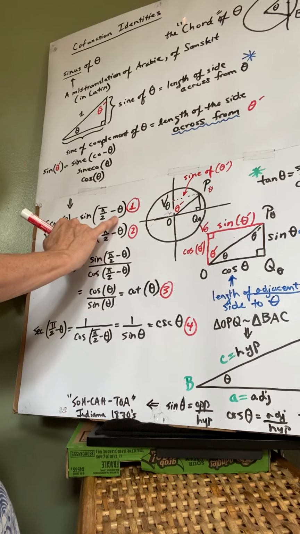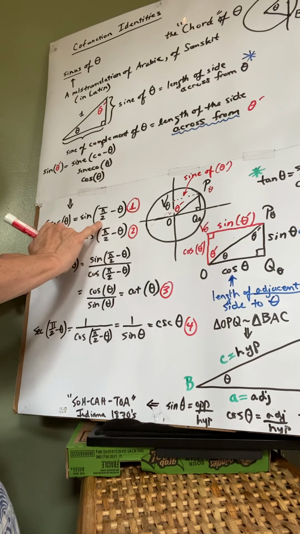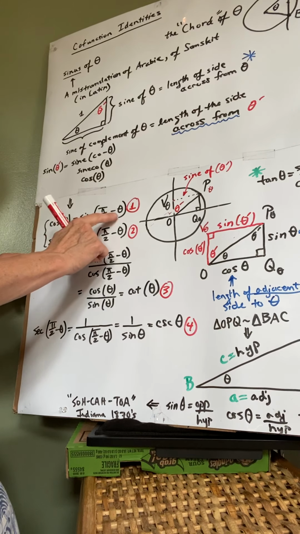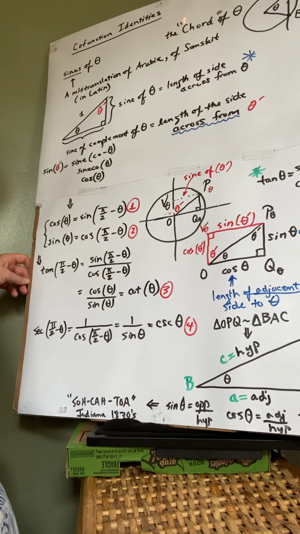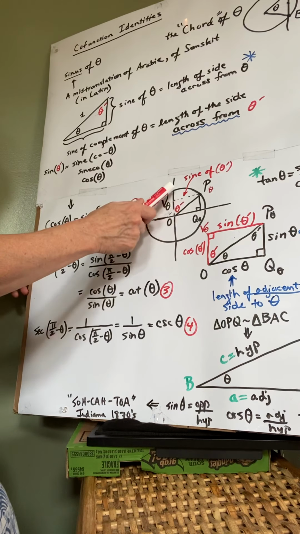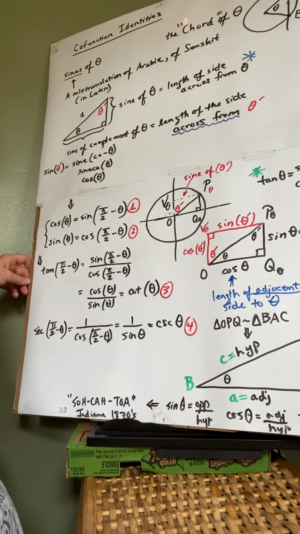How do you say the complement of an acute angle when you are talking radians? It's the sine of pi over 2 minus theta. That's the complement of theta, right? If here's theta, there's theta prime. They add up to pi over 2, that right angle.